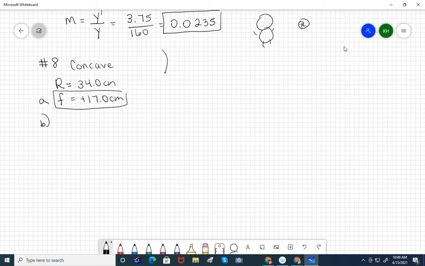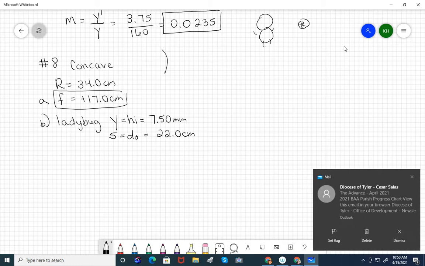B says a ladybug that is 7.50 millimeters tall. So we have a ladybug with a height of 7.5 millimeters, and it's located 22 centimeters from the mirror. So its position S, or object distance, is 22.0 centimeters.